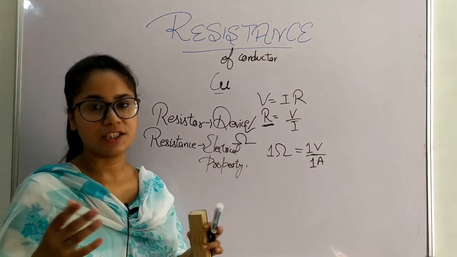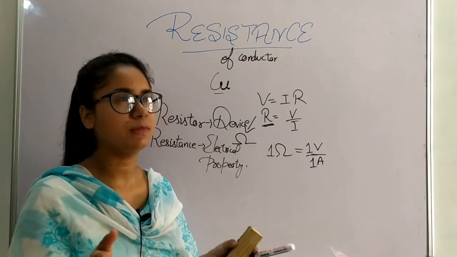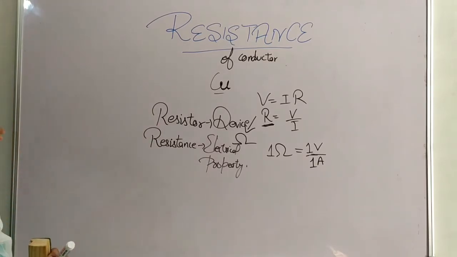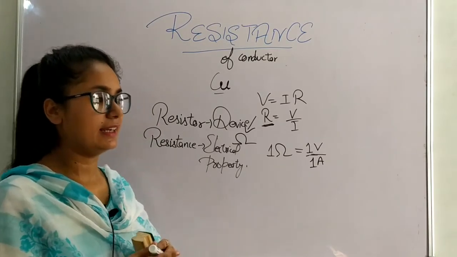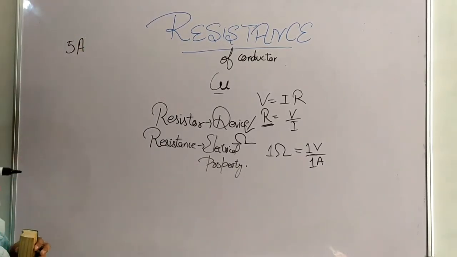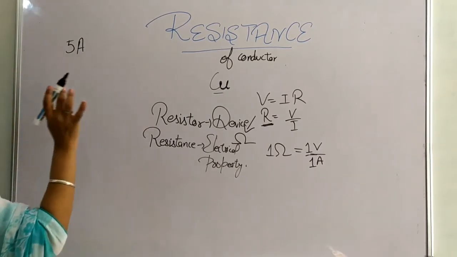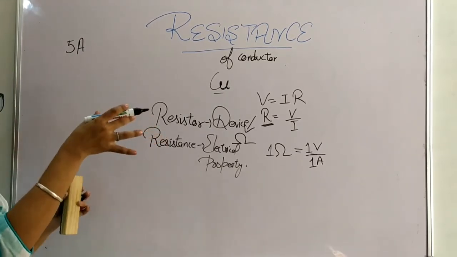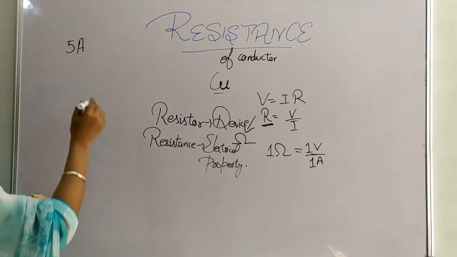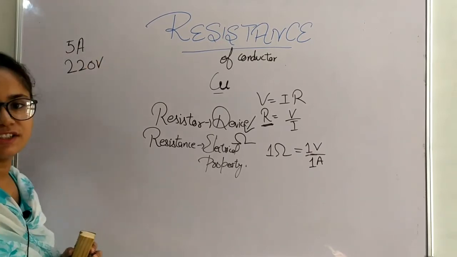So if you want me to make a video for the numericals, well, why make a video? I will explain it here. Now let us assume we have an electric heater and 5 ampere current is flowing through it, and let us assume the potential difference across the ends of that conductor, the whole thing in the electric heater, is 220 volts. So how do we find the resistance?